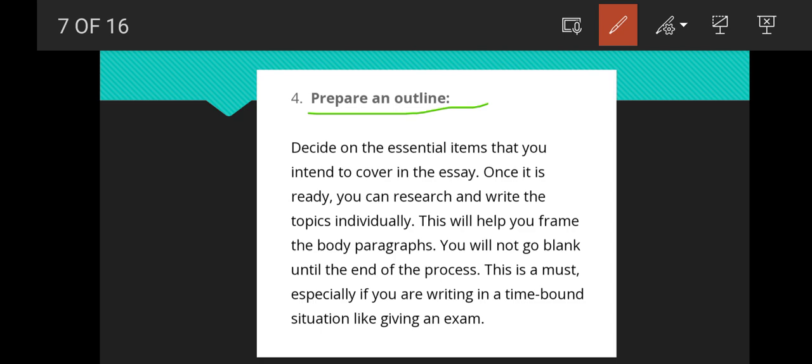The composition is a very long and lengthy process and you have to write a lot, but the topic you have chosen is quite small. You have to expand it more and more. So it's very important to create bullet points and write them down on a separate paper, and then elaborate those bullet points. That's it, and your composition will come in front of you.